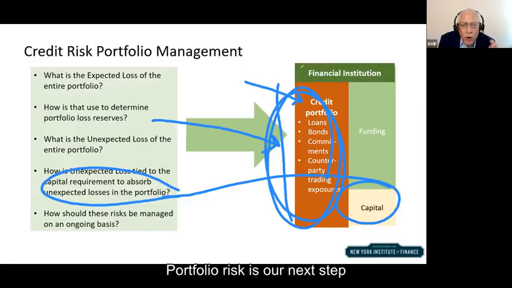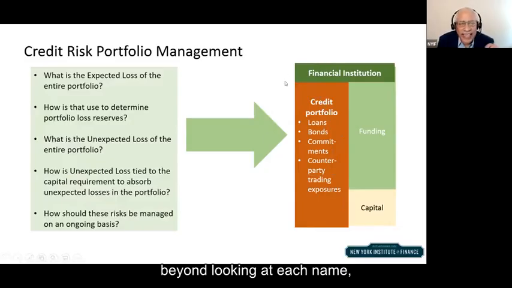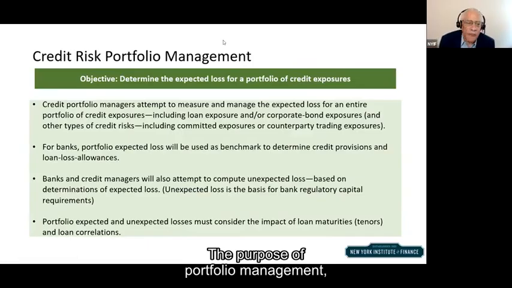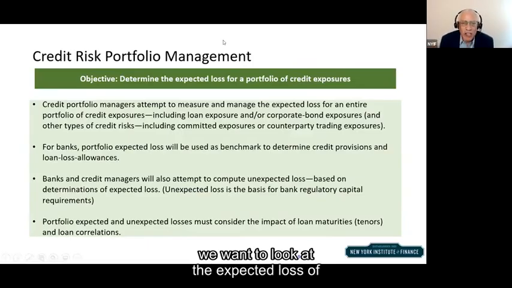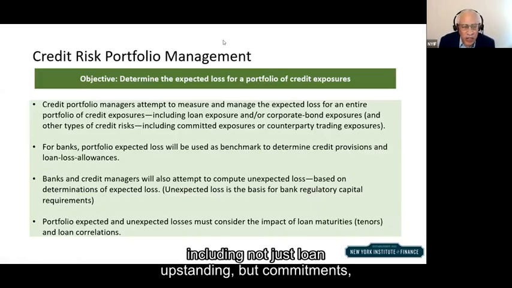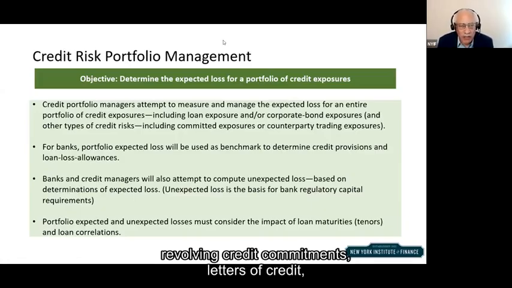And so portfolio risk is our next step beyond looking at each name, each exposure, expected loss, probability of default, ratings. Now I step back and look at the entire portfolio. So the purpose of portfolio management: we want to look at the expected loss of the entire portfolio by all products and categories of risk, including not just loan outstandings, but commitments, revolving credit commitments, letters of credit, and counterparty trading exposures as well.